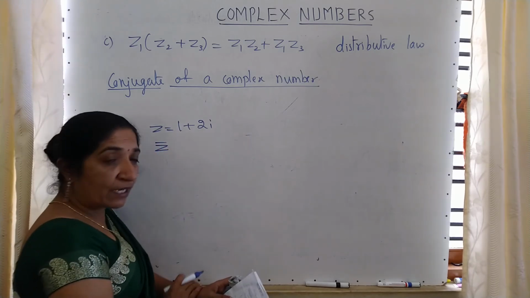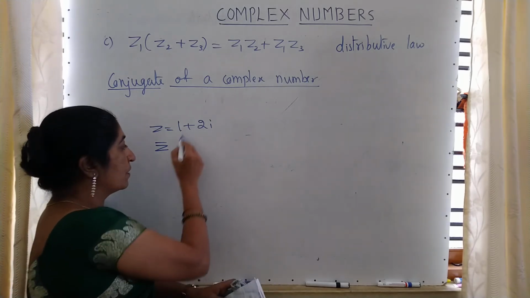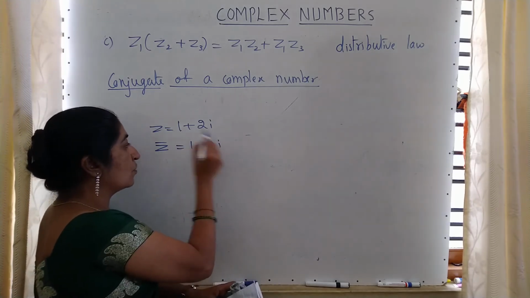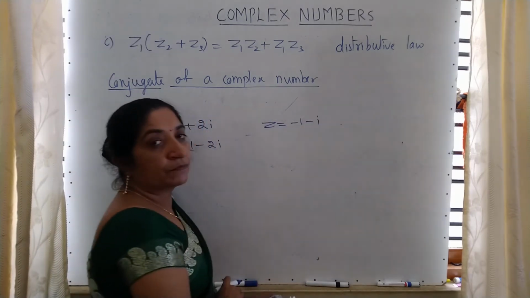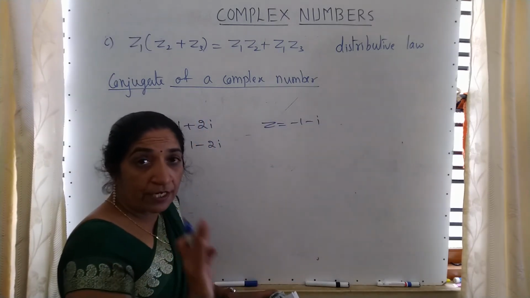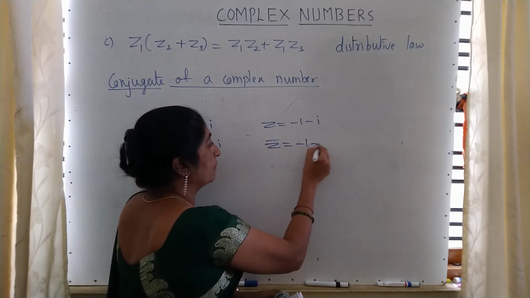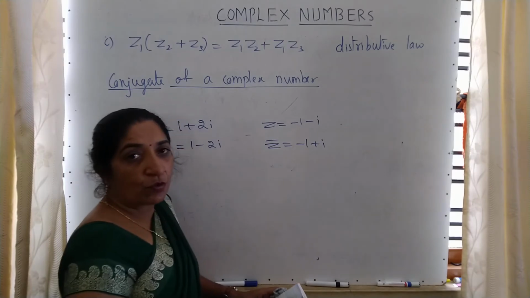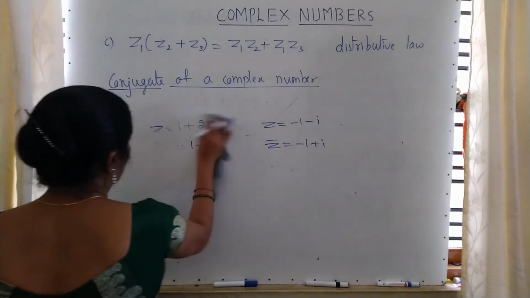Conjugate. At that time, you have to change the sign in front of i. See here, it is 1 minus 2i. I am giving you one more example. You have to change only the sign in front of i. So is it understood? This is nothing but the conjugate of the complex number.